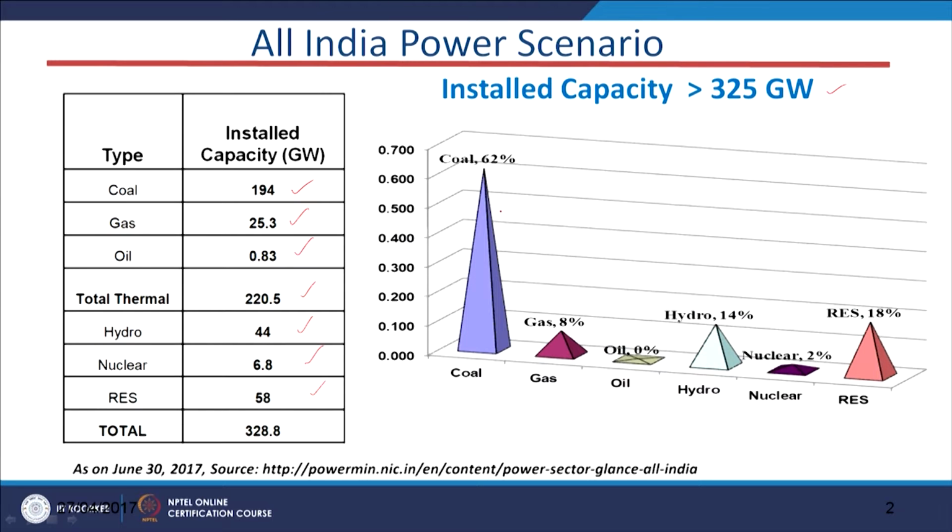In this figure, coal is around 62% and renewable sources 18%. So, our target is to increase the power generation from renewable energy sources, not from coal generation based systems.